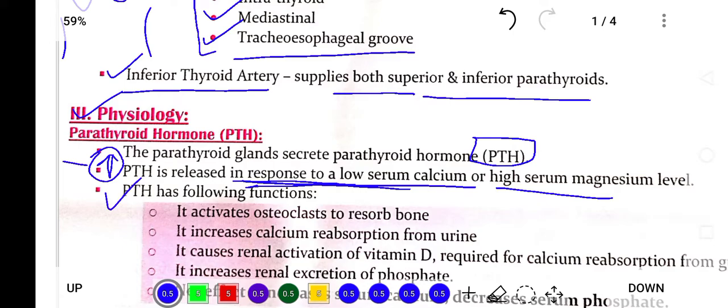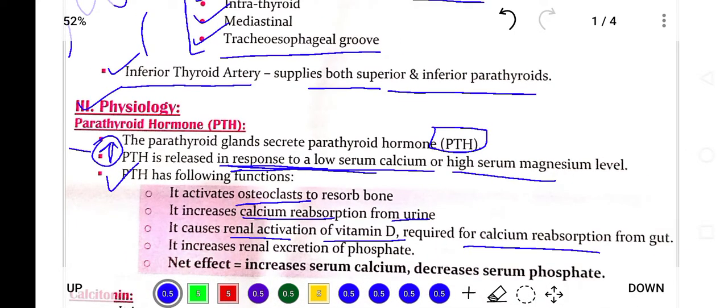And parathyroid hormone has the following functions: it activates osteoclasts to resorb bone, increases calcium reabsorption from the urine, and renal activation of vitamin D requires calcium reabsorption from the gut. It also increases renal excretion of phosphate. When calcium is increased, phosphate is decreased, and when calcium is decreased, phosphate is increased.